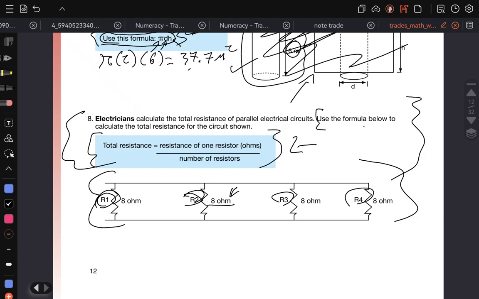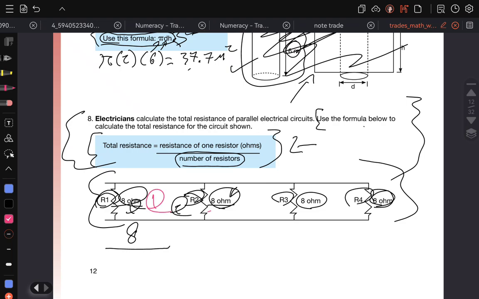So let's go right away, write the formula and just fill in, and that's it. The resistance of one, we can use any one, because they're all the same: 8 divided by the number of resistances, which is 1, 2, 3, 4, which is 4.